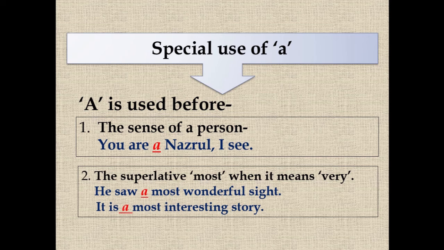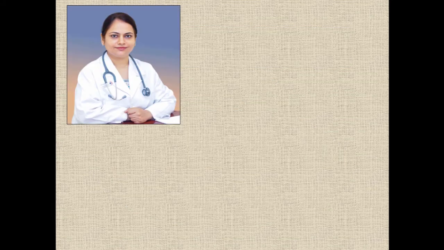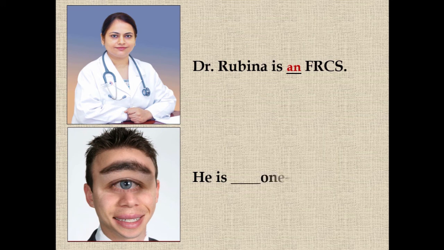It is a most interesting story. Dr. Rubina is an FRCS, F, so we have to use an. Then he is a one-eyed boy, wa. So we have to use a.